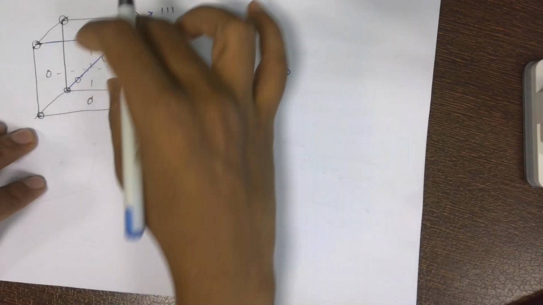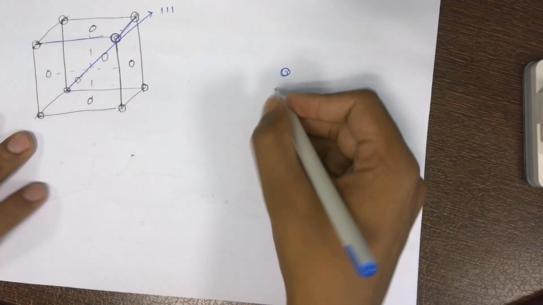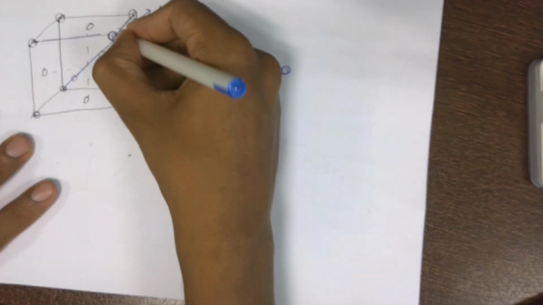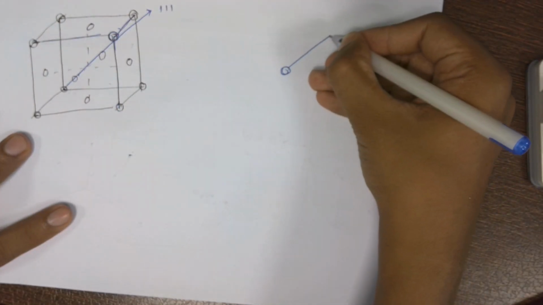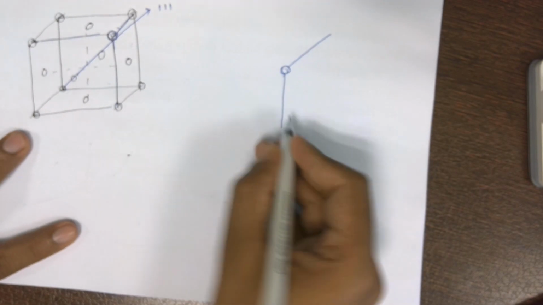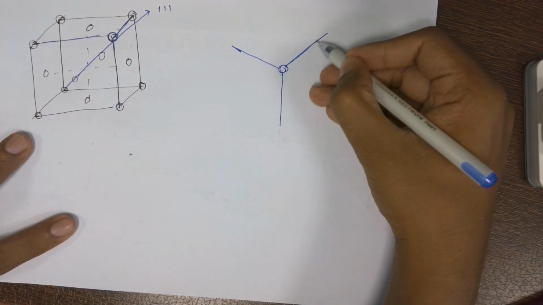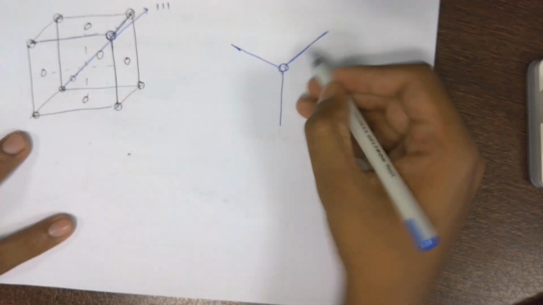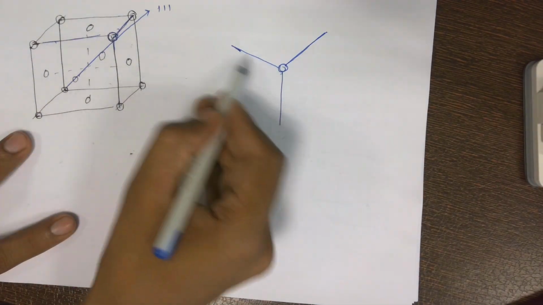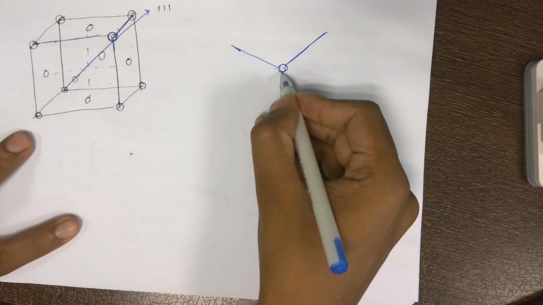If I try to project them from three dimensions into two dimensions, what will I get if I am seeing from here? I will get something like this. This particular line I have drawn over here. This particular edge is over here. This particular edge is over here. And the bottom one is over here.